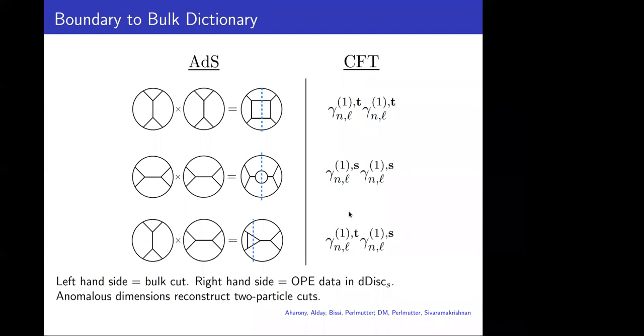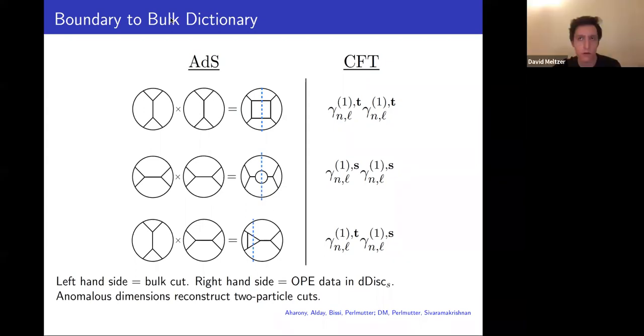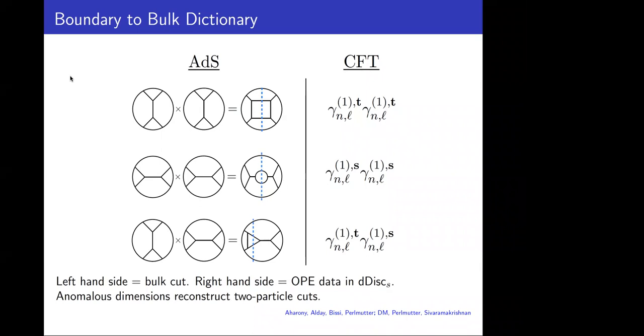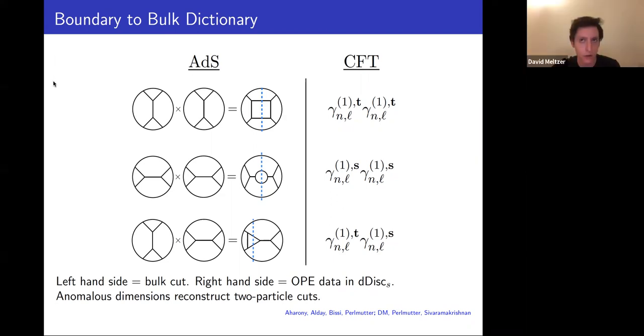Sorry, what I mean by the chaos bound is the one applicable to the first perturbative correction. You mean that it should not grow faster than S squared in the Regge limit for the first correction. Yeah, that's at tree level.